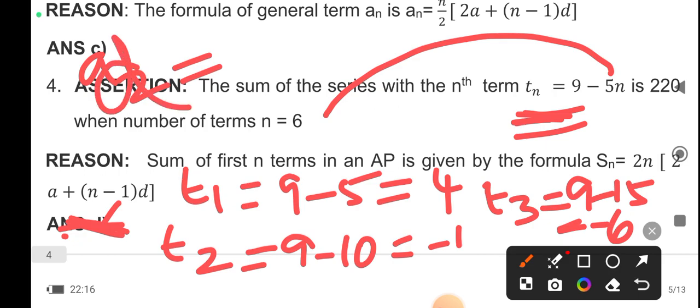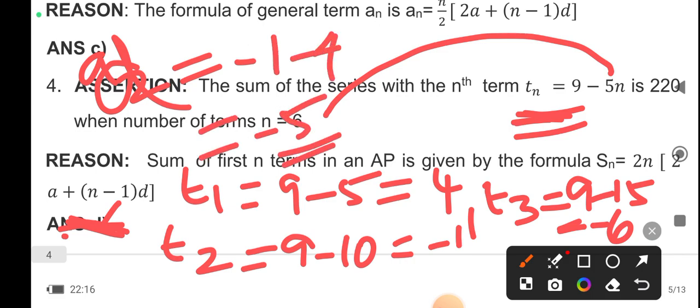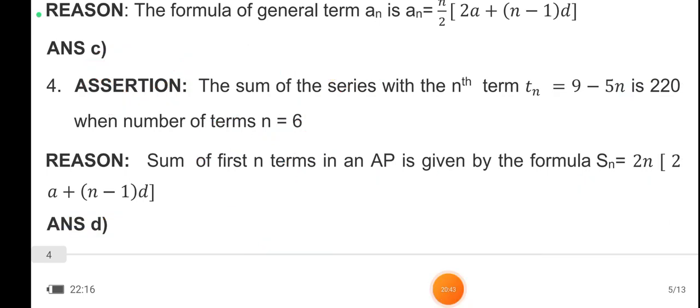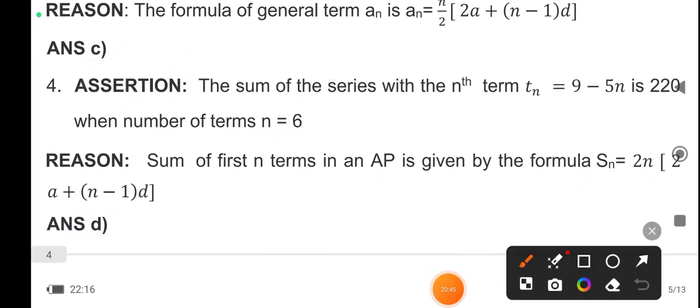If I want to find the difference, A2 minus A1: minus 1 minus 4 is minus 5. So the difference is minus 5, correct? Check. Once you get the difference as minus 5, substitute it in the Sn formula. I am not getting 220. You check; you will get some other answer. So the assertion is false.